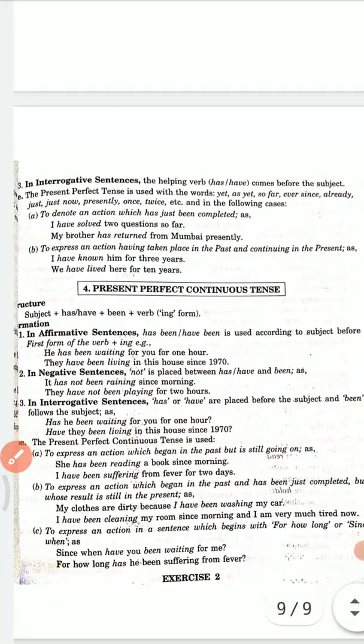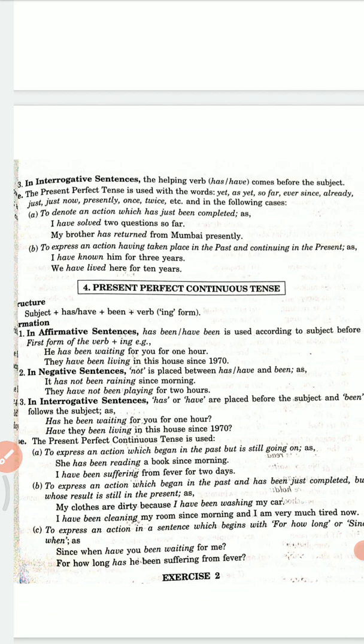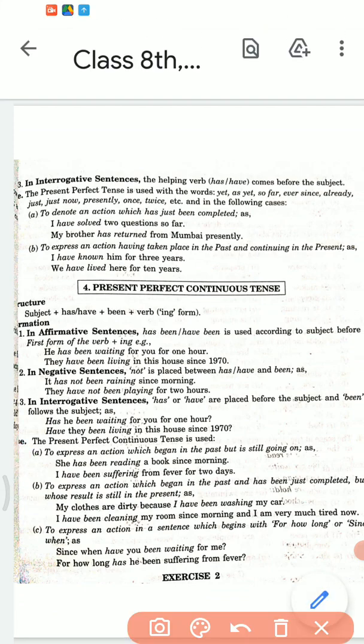In interrogative sentences, the helping verb has or have comes before the subject. Present perfect is used with words like yet, as yet, so far, ever since, already, just now, recently, presently, once, twice, etc., and in the following cases.